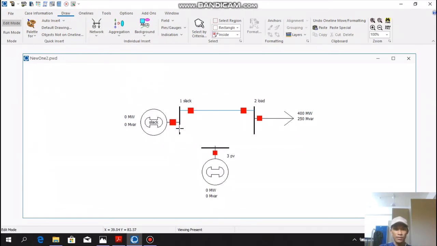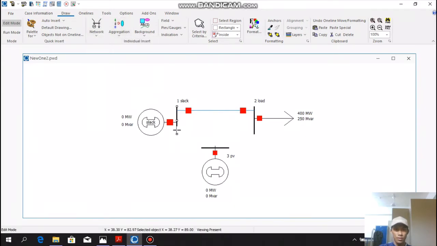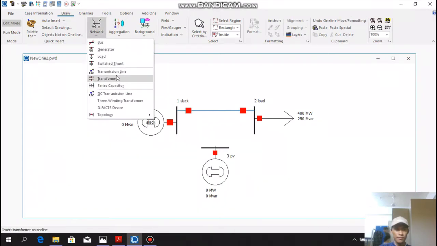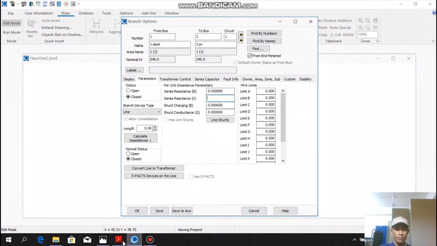Transmission line 1 to 3, 0.01 and 0.03.